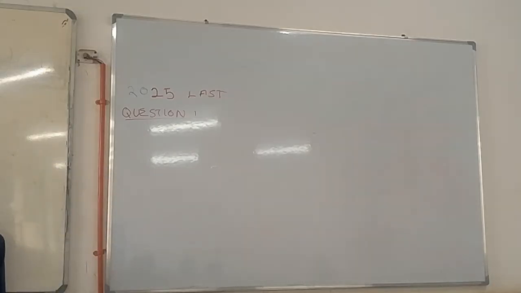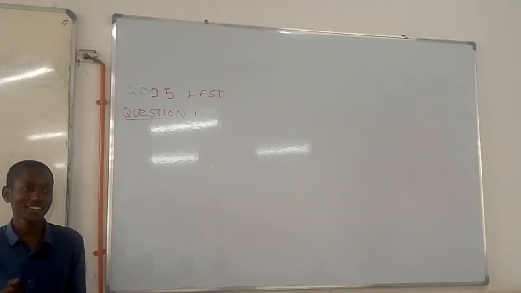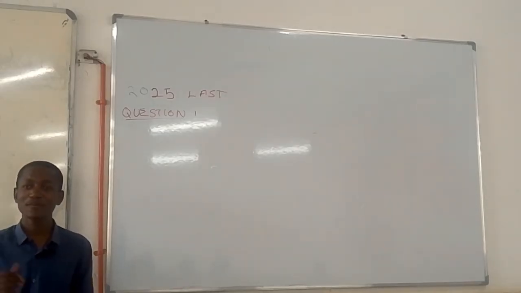Okay, so we're still on question one. A binary operation. Binary operation is the last one on sets of numbers. I don't know if you knew that. Did you know that? Which books have you been following?